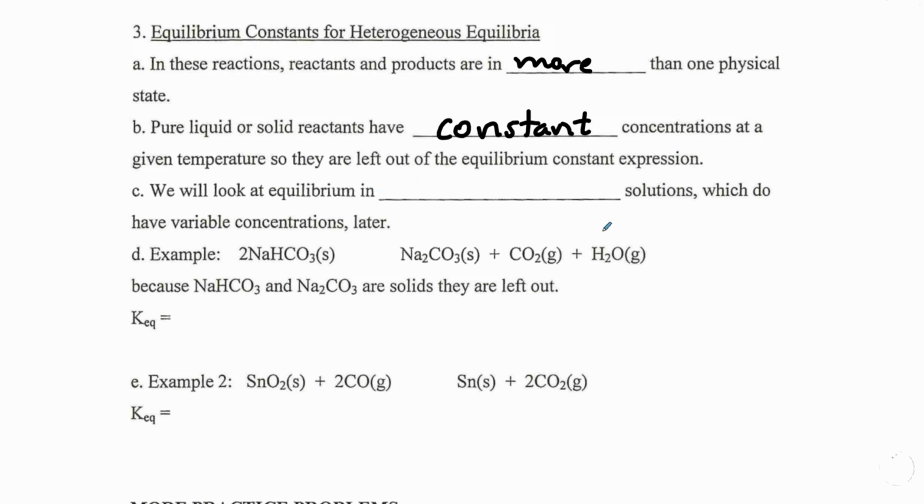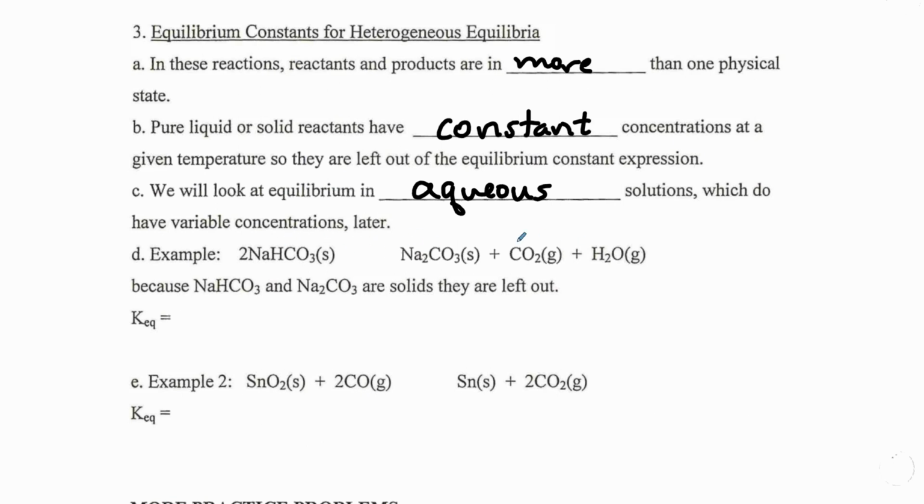So it's really only the gas state and aqueous solutions. Aqueous solutions can have concentration, depending on how much solid is dissolved in water. But we're not going to look at those quite yet. But that is another type of state that could be included.